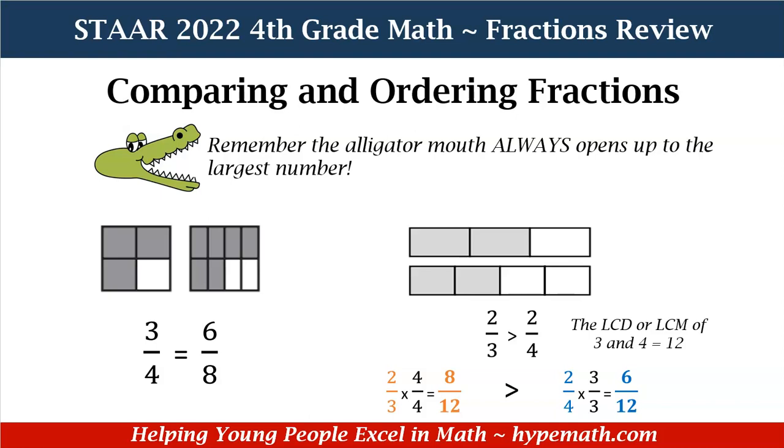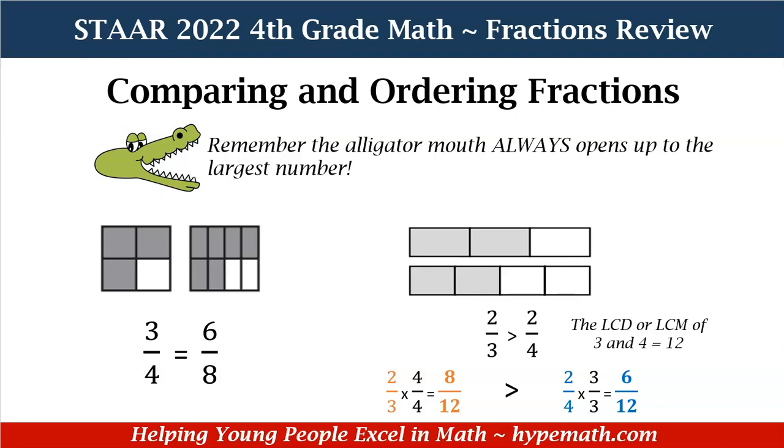One of the squares is divided into 4 equal parts, and of those 4 equal parts, 3 are shaded, and 3/4 is my fraction. On the right-hand side, we have a square with 8 equal parts, and of that, there are 6 parts that are shaded. Now, we have 3/4 is equal to 6/8.